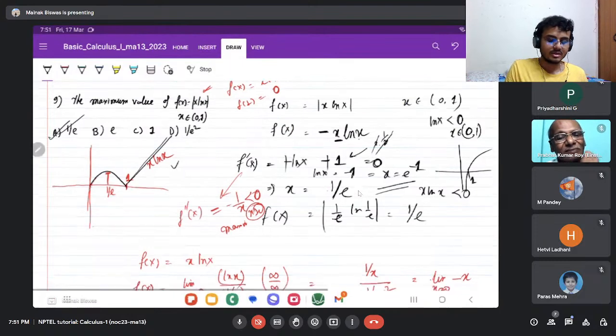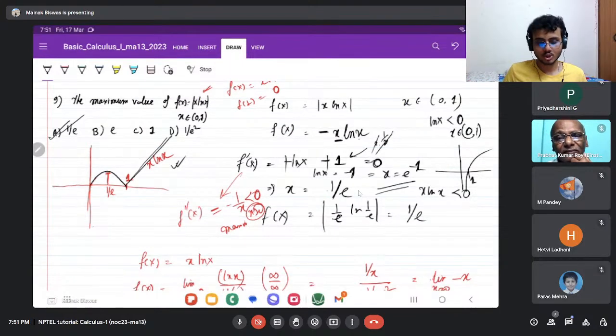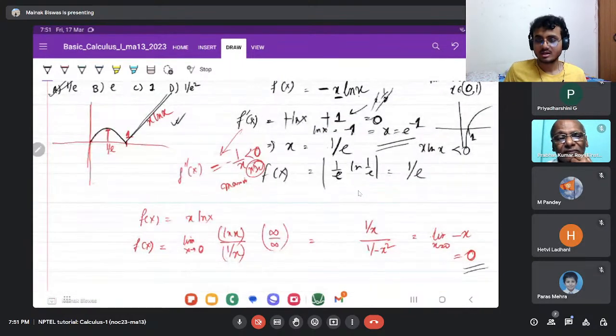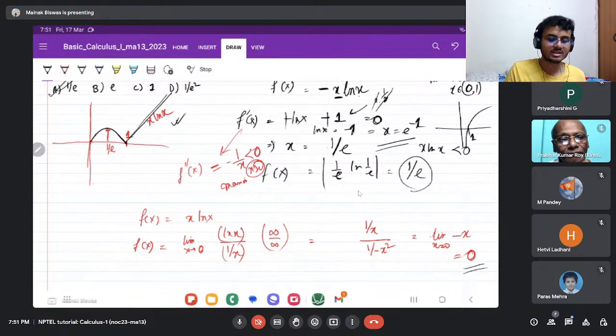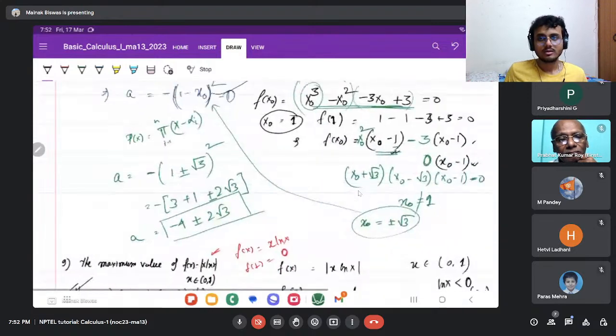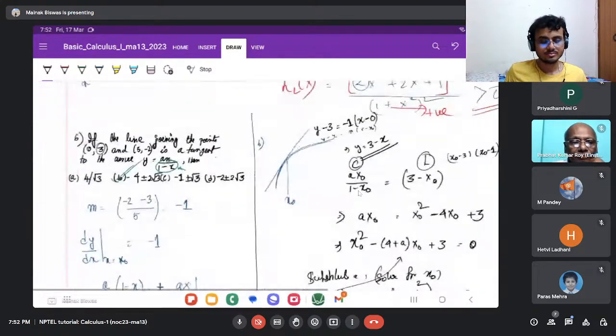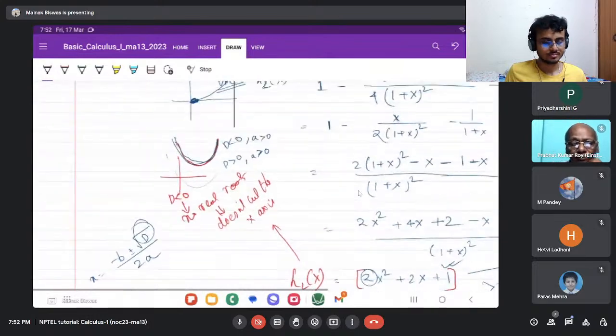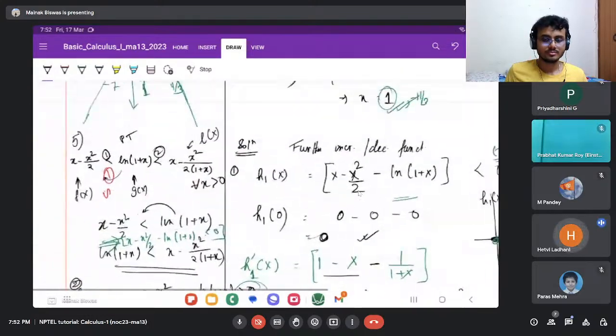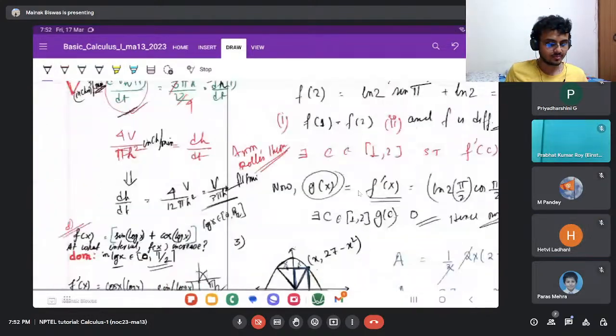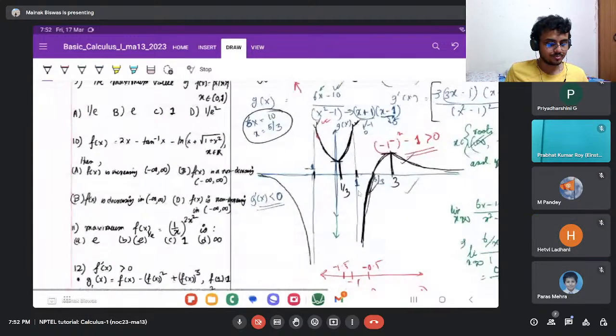At 0 it's not defined, after 0 we showed that the limit is 0, and it's an increasing function that we saw, and it has a maxima at 1 over e, and then it decreases. At 1 there's a 0 followed by 1. Understood? Any doubt? No, sir. Correct. Okay.